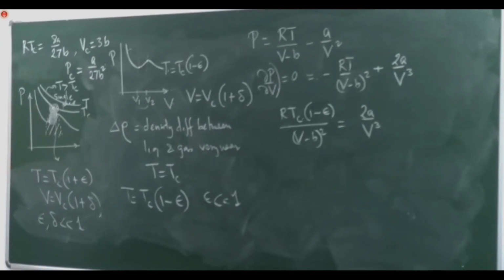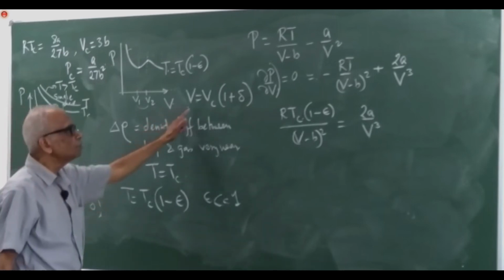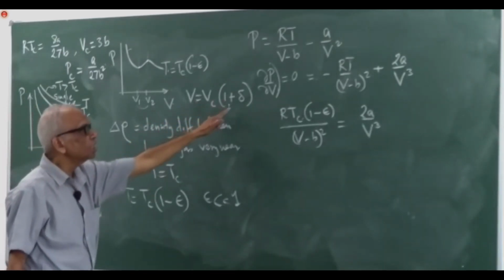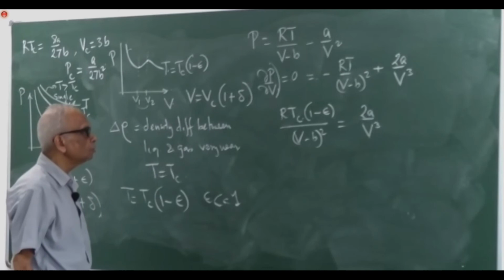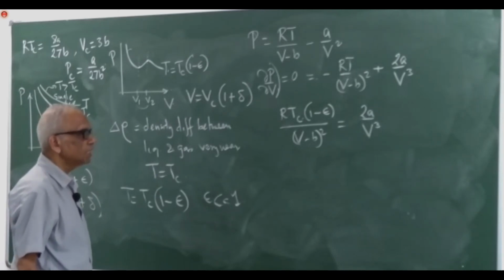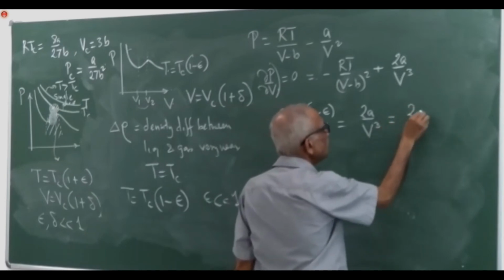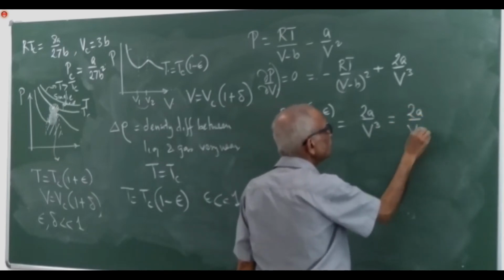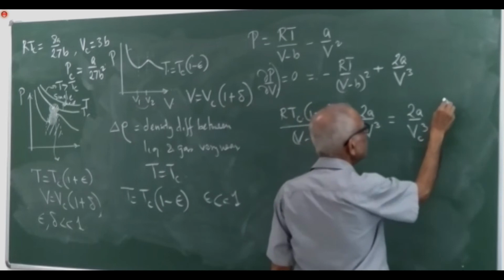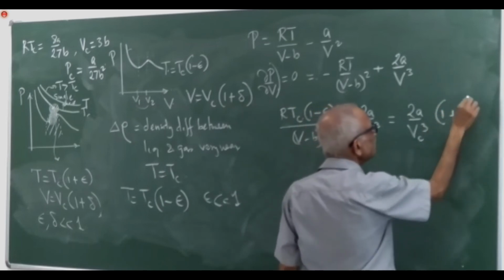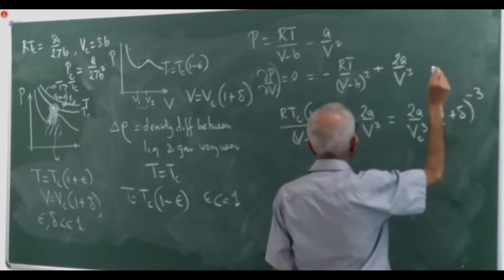T equal, and what is V? V is equal to Vc into 1 plus delta. So this is equal to 2A over Vc cubed, and then it is 1 plus delta to the power minus 3.